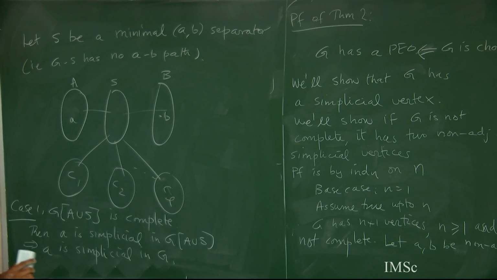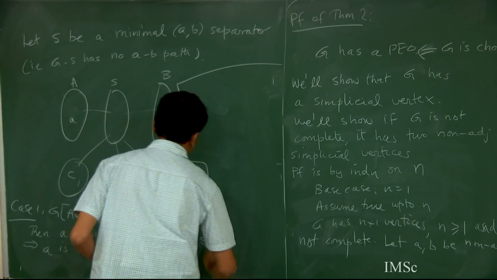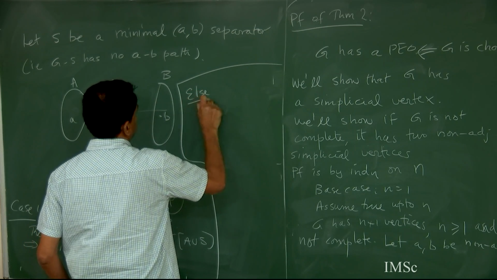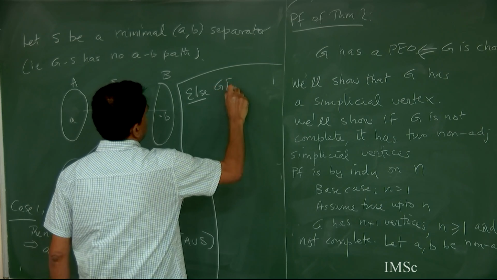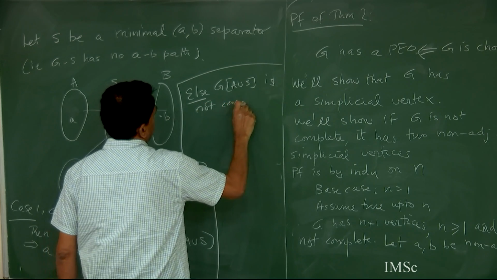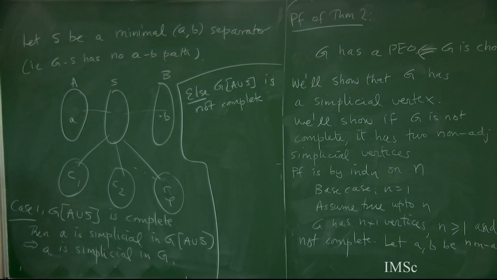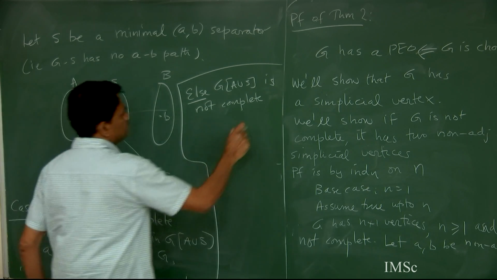Otherwise, that means G on A union S is not complete. Then by induction, it has two non-adjacent simplicial vertices, x and y. If any of them is in A, then I am done, by the same argument.